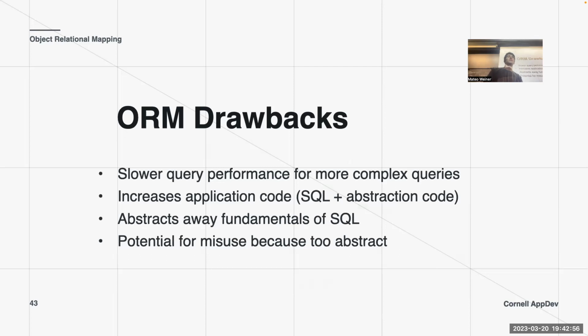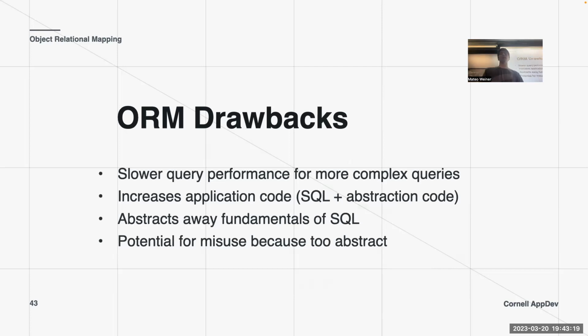Thirdly, you abstract away from the fundamentals of SQL. So obviously, if you want to move your application from using Python and SQL to just Python, it might make it easier for your application and people who just want to learn about what your application is doing. But the nice thing about SQL is that it's also an industry-wide thing. So people that know how to read SQL can easily look at SQL code and understand what it's doing without having to learn the specifics of the different ORMs.